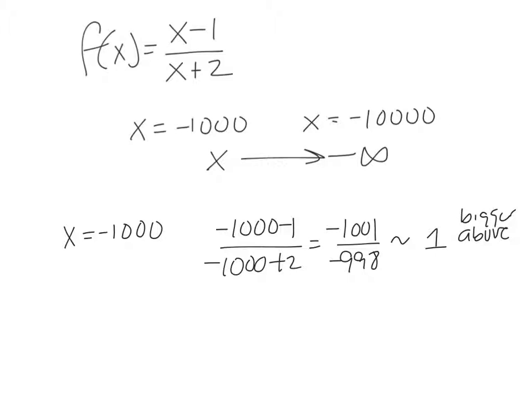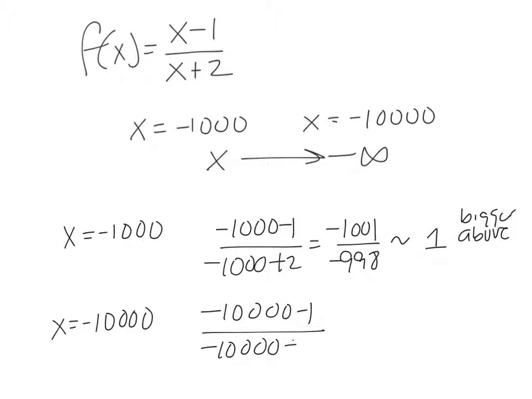Right? And then if we plug in x is equal to negative 10,000, this is all end behavior is. End behavior, when you start specifying limits as x approaches infinity, it means as x gets bigger and bigger and bigger, what's happening to the function? So if we plug in negative 10,000, we have negative 10,000 minus 1 over negative 10,000 plus 2.